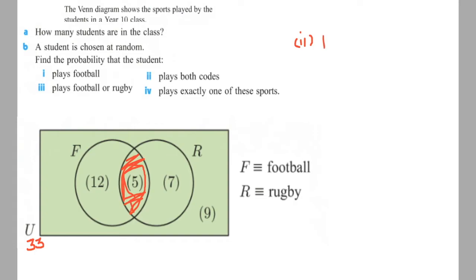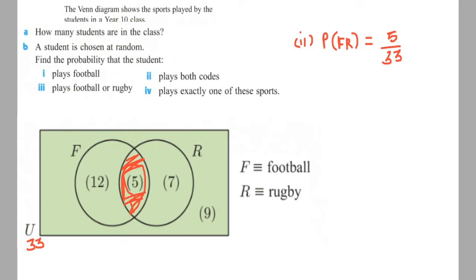So probability of both the sports, F and R, is 5/33 because total students are 33 and out of 33 we are choosing those who play both the sports.